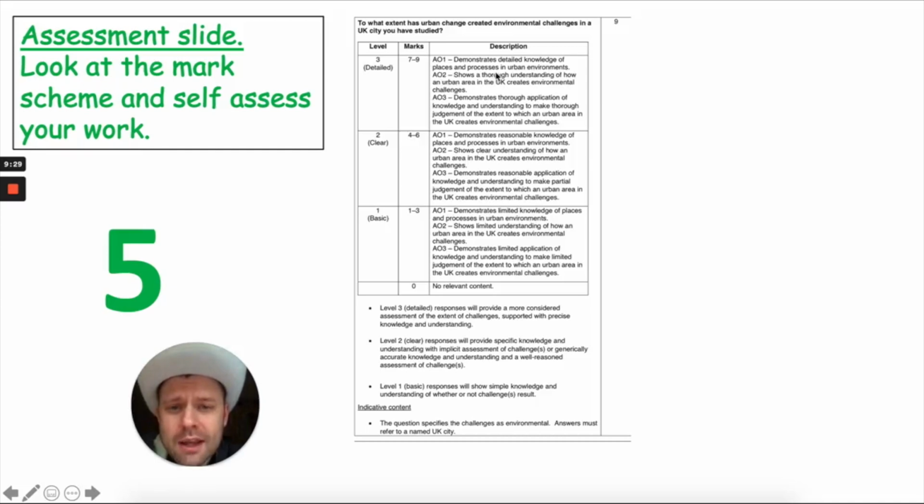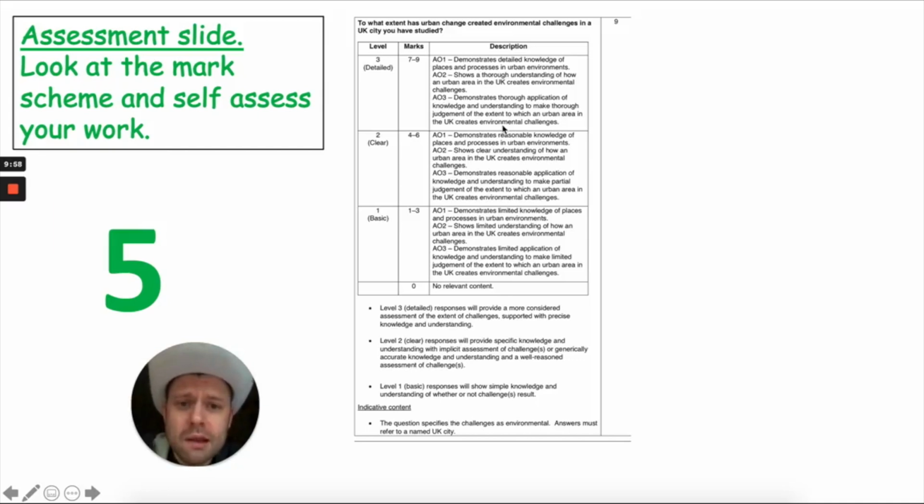AO2 uses the words understanding of how an urban area in the UK creates environmental challenges. In simple words, explanation. Can you explain why these things have had a negative impact on the environment? And then finally, AO3, or assessment objective 3, that's application of knowledge.